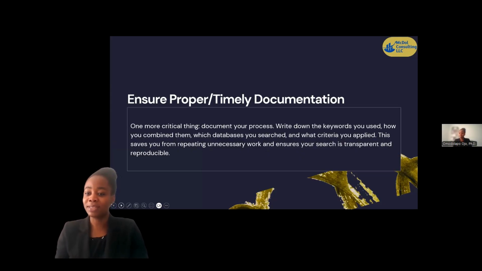Even at that point, having excluded the ones you think should be excluded, you should still be able to document how many literature are left. Because there's still another stage where you read more into the content to see how this literature will be relevant for your study. So documentation is key.